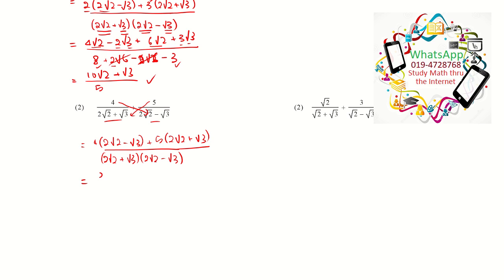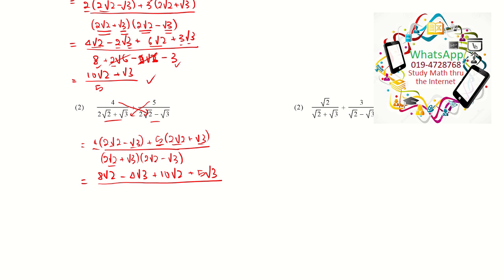Expand 8 root 2, right? 4 times this, then 4 times root 3, you get minus 4 root 3. 5 times 2 root 2 plus 10 root 2. 5 times root 3 plus 5 root 3.